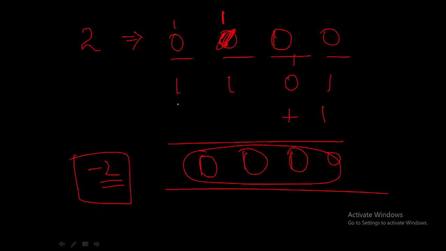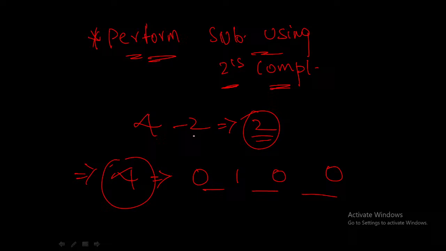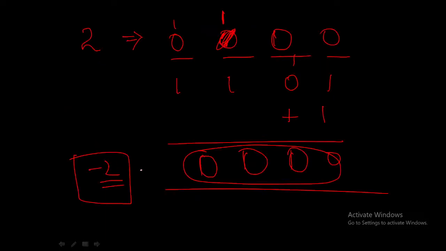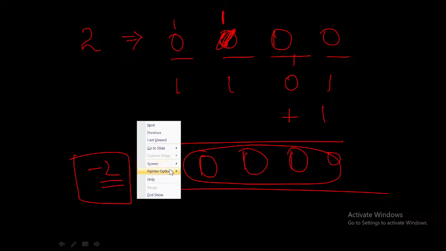So we are doing 2 minus 4, right? Sorry, we are doing 4 minus 2. 4 is nothing but 0100, and minus 2 is nothing but, so how to represent minus 2 in 2's complement form?